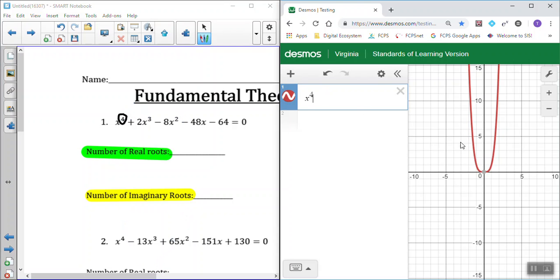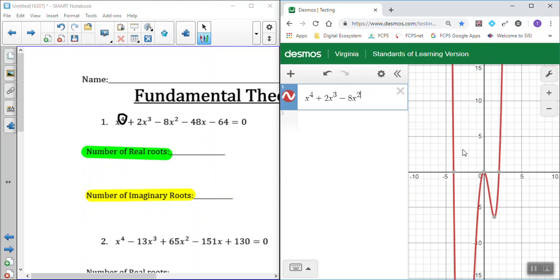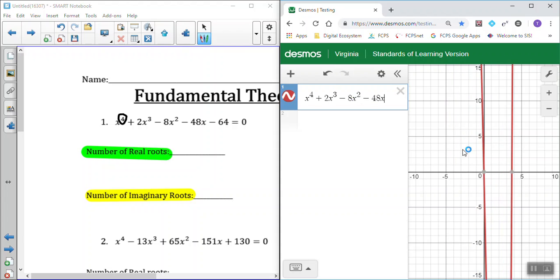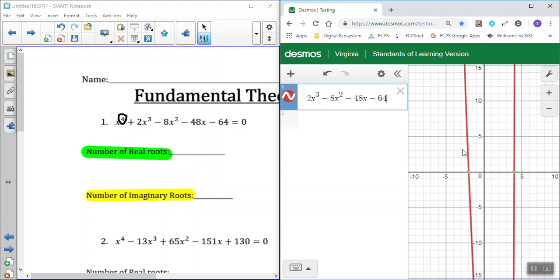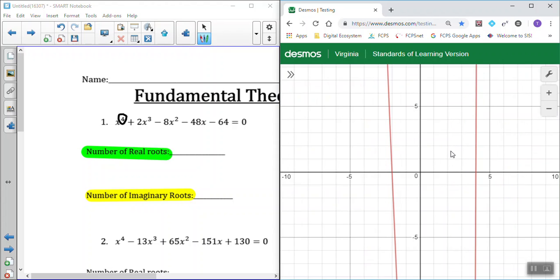So let me keep typing this. Plus 2x cubed minus 8x squared minus 48x minus 64.